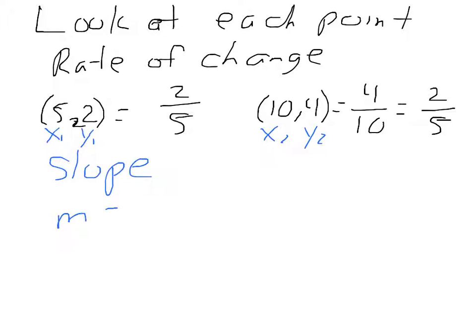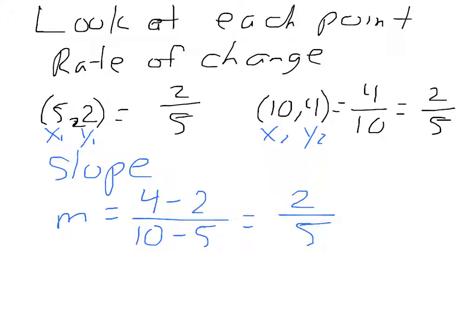So the slope is y sub 2, which is 4, minus y sub 1, which is 2, over x sub 2, which is 10, minus x sub 1, which is 5. What's 4 minus 2? 2. What's 10 minus 5? 5. And the slope is also 2/5.